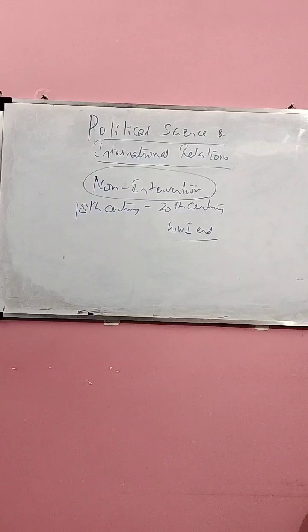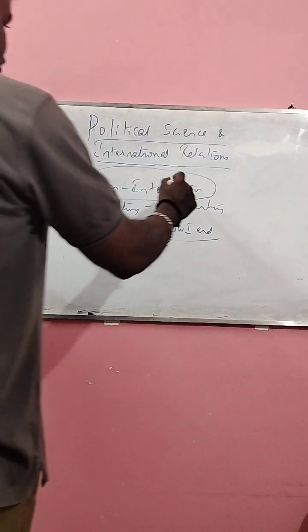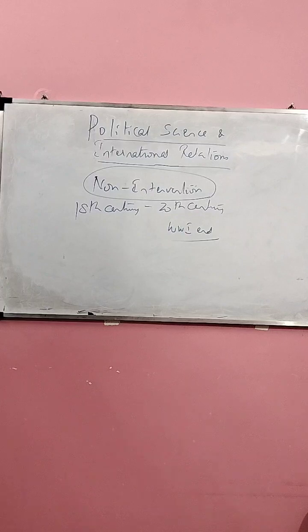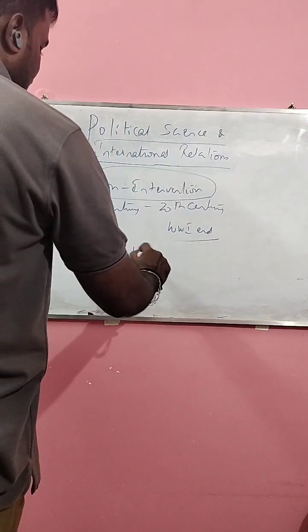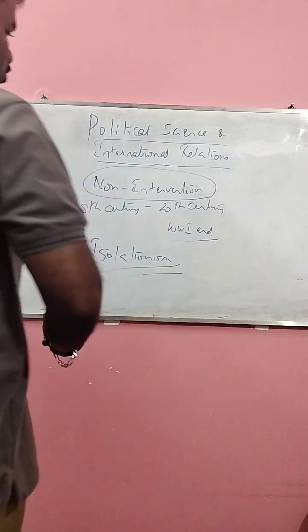The country takes its national interest into account. It does not involve itself with different blocs. This is non-intervention. US was following non-intervention for a very long period. Woodrow Wilson strengthened non-intervention. In fact, during his rule, non-intervention was seen as isolationism. Isolationism is a step above non-intervention.